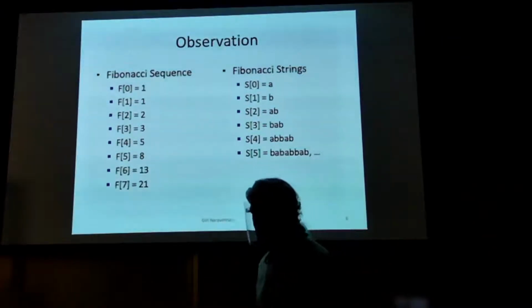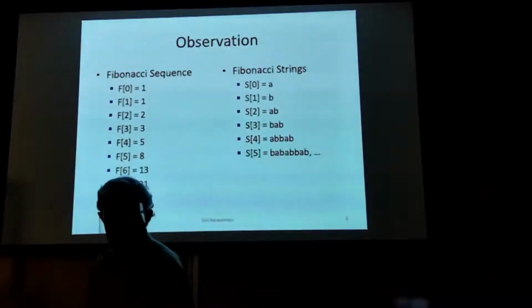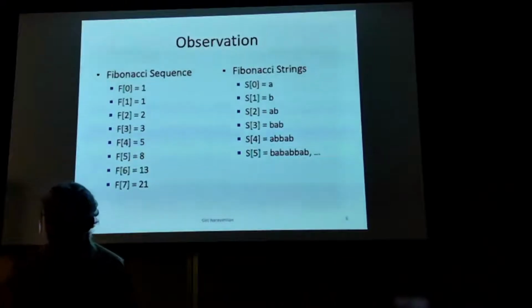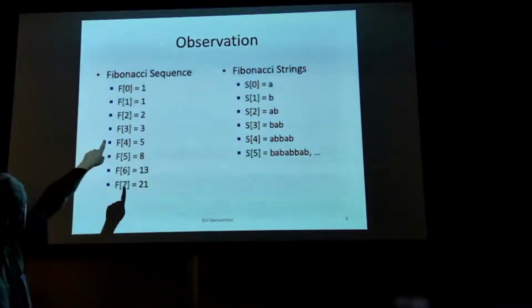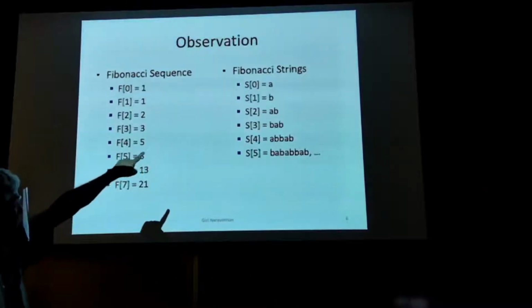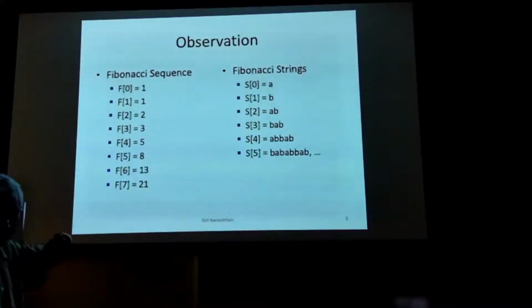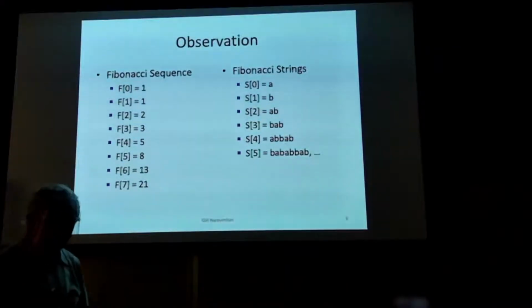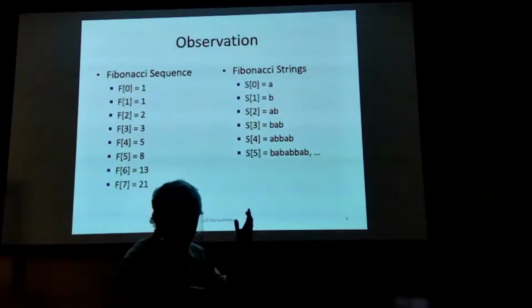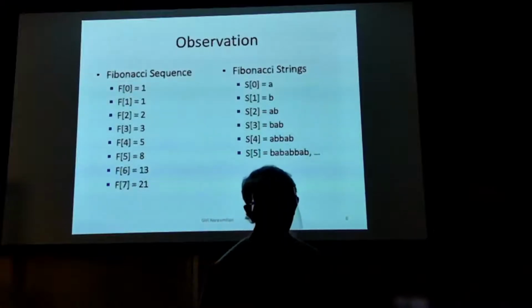It's the length. The length of the first guy is that number. The length of S of 1 is f of 1, and so on and so forth. So the lengths reflect the Fibonacci sequence.